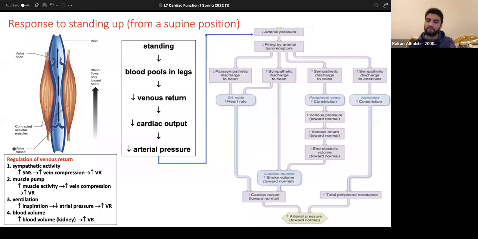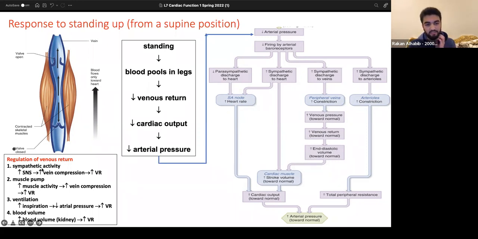And then you've got sympathetic discharge to the arterioles, which are going to constrict the arterioles, because you've got decreased mean arterial pressure. So you want to conserve that mean arterial pressure at a fixed number. So you constrict those arterioles, which will cause an increase in total peripheral resistance.